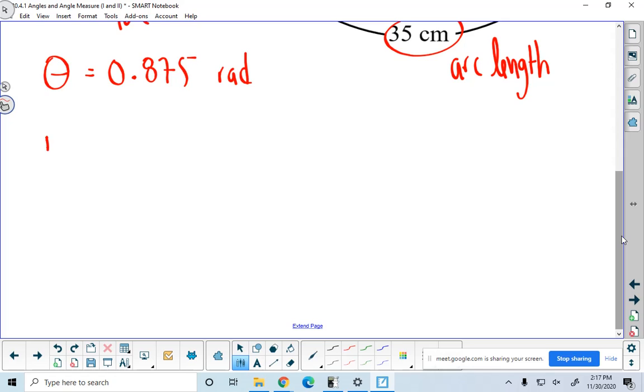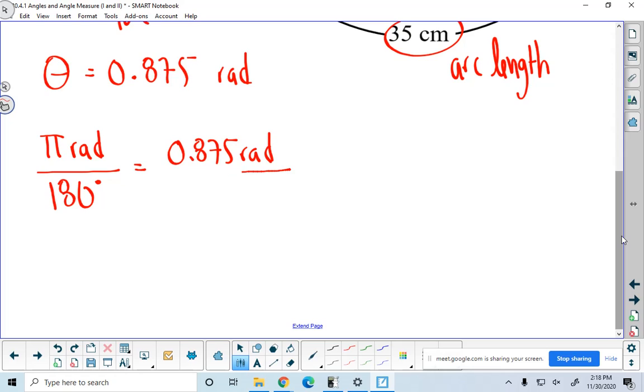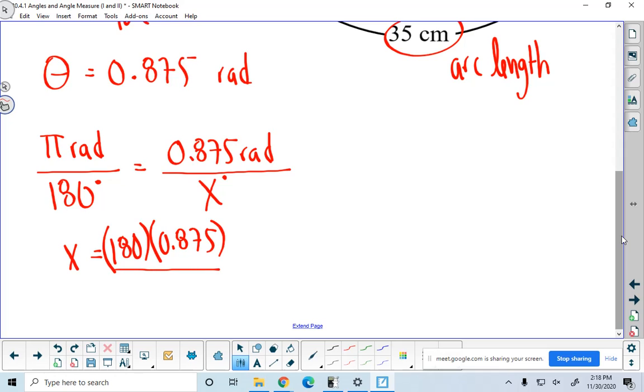I'm going to say that pi radians over 180 degrees, our friend from the first lesson, equals 0.875 radians over x degrees, and we cross multiply. X equals 180 multiplied by 0.875 over pi.